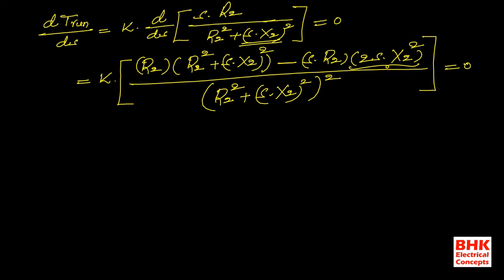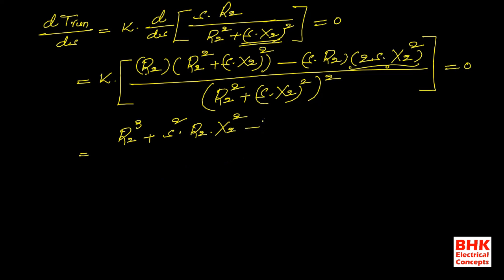Clear? Now simplify here. So r2 into r2 square means r2 power 3, plus r2 into s into x2 square, which gives a value of s square r2 and x2 square.